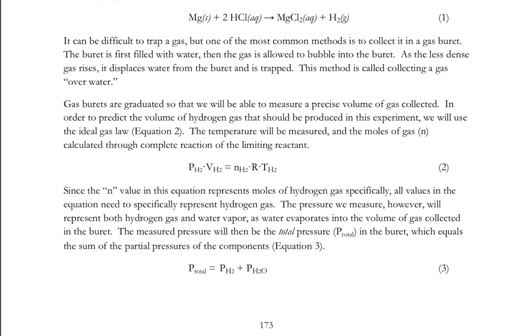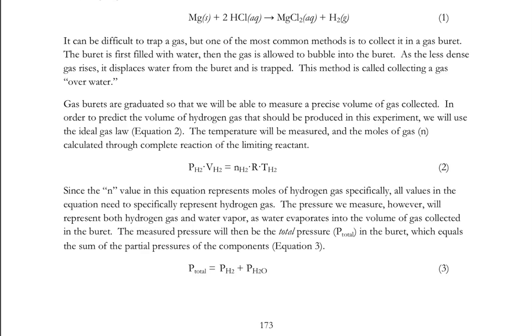Now, once we have the moles of H2, to find the volume that we would produce, we will use PV = nRT, equation 2. We would solve for the volume of H2, which is the moles of H2, which we already talked about how to calculate, times R, the universal gas constant, times the temperature.